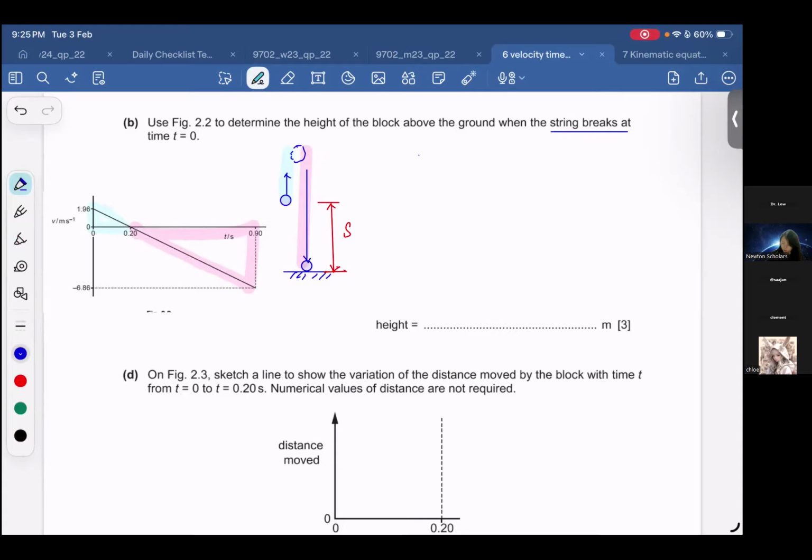Your displacement should be the height. It's actually the section 2. Section 2 is actually 1 over 2 times 0.9 minus 0.2, minus 1 over 2, the small triangle, 0.2 times the height, 1.96. If you do everything correctly, you should be able to get 2.2 meter or 2.21 meter.